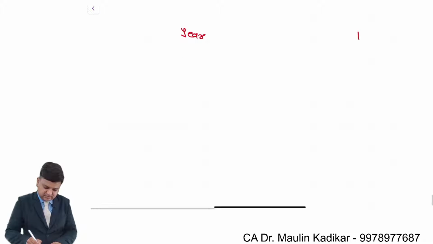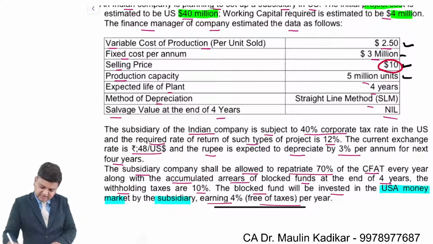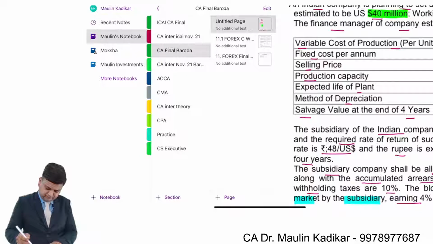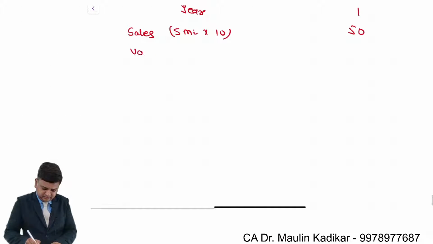for the first year. Sales, it is 10 and this is 5 million, so it is 50.